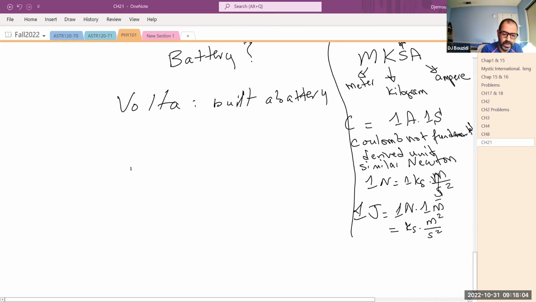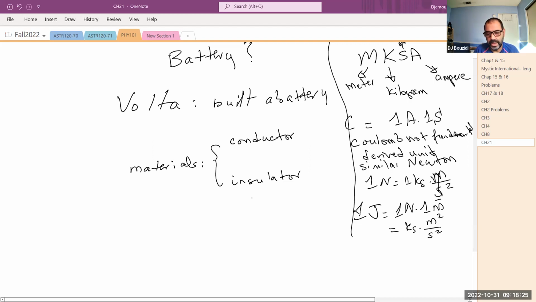There are two kinds of materials. Either it's a conductor or an insulator. There are some weird materials that can do both. Under certain conditions they could be insulators, and under some other conditions they could be conductors. Those are the so-called semiconductors.